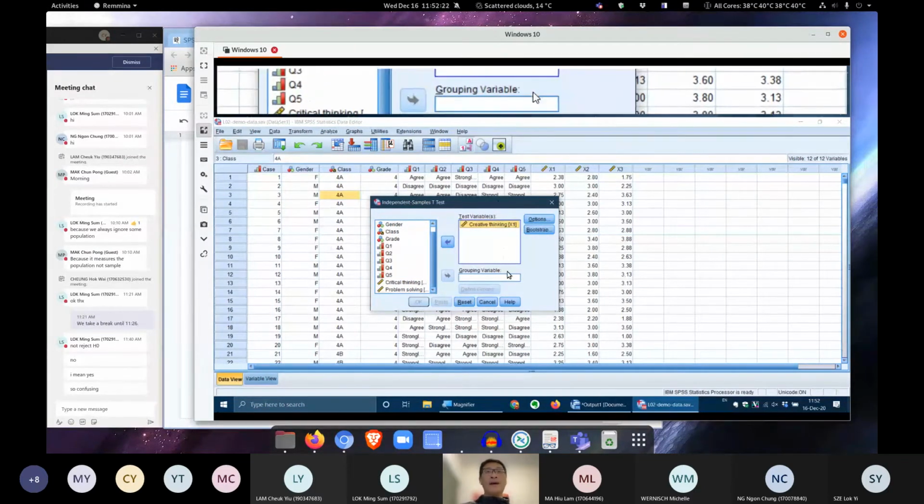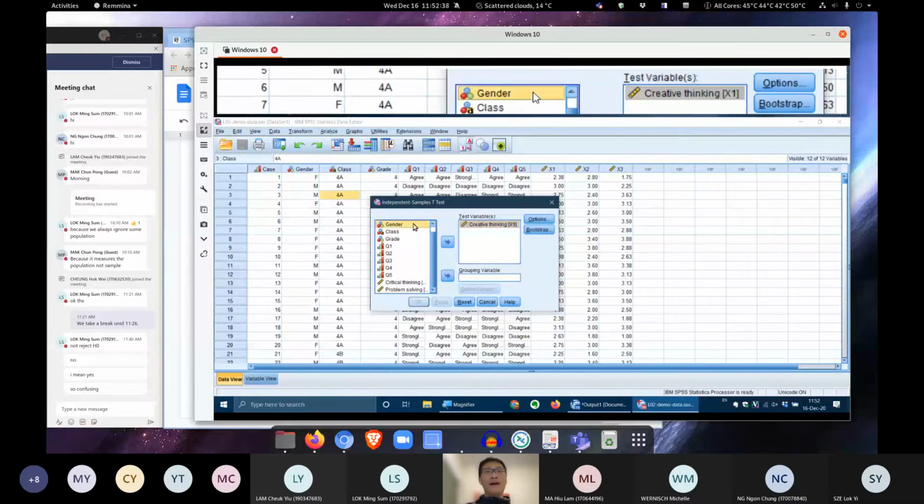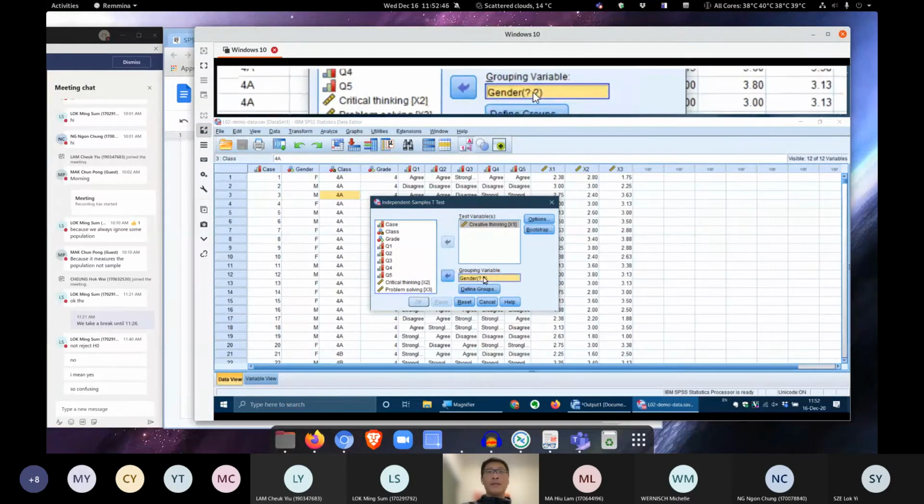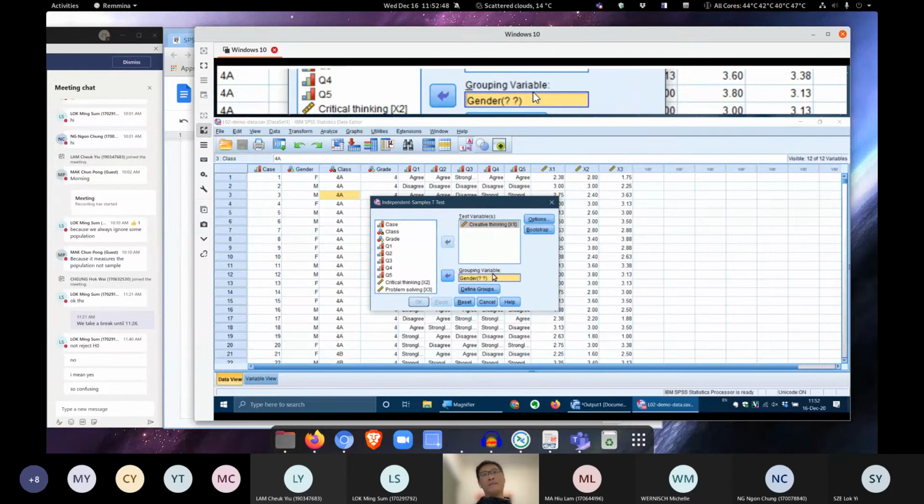Now, an important variable here is the grouping variable because you want to tell SPSS how you want to split the data into two groups. In this case, we want to use the gender variable to split the data. So we put the gender to the right-hand side here into the grouping variable.